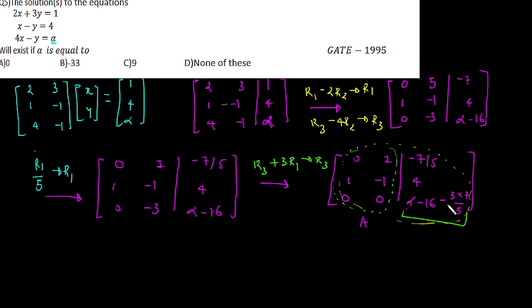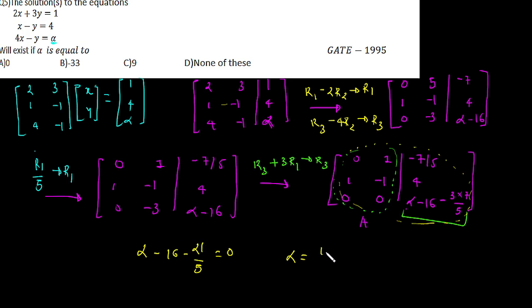So let's equate this entry equal to 0. So here alpha minus 16 minus 7 multiplied with 3, so minus we are getting 21 by 5 equal to 0. So here we can find the value of alpha. Simply here we are getting 16 multiplied with 5, so 80. We have to add this 21.